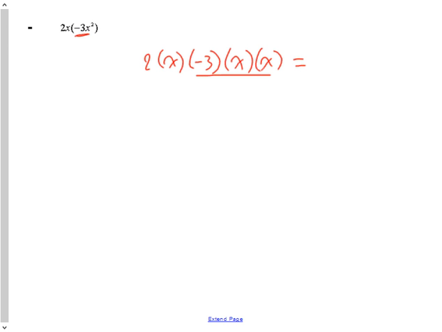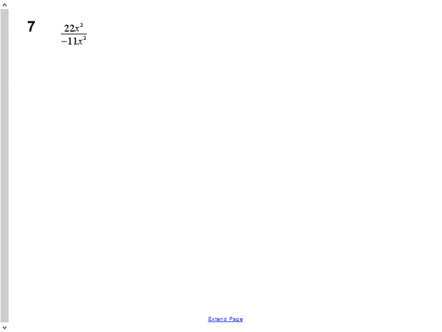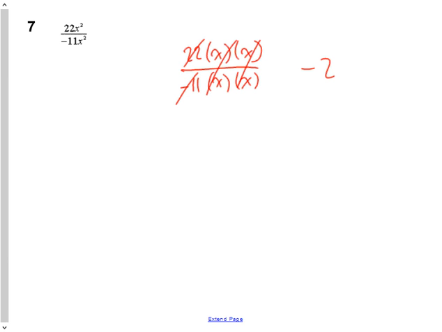Our solution, therefore, would be negative 6x cubed. Next, 22x squared divided by negative 11x, so it's 22 multiplied by x over negative 11 multiplied by x multiplied by x. 22 over negative 11 is going to be a negative 2, and that's going to be our solution, just negative 2.